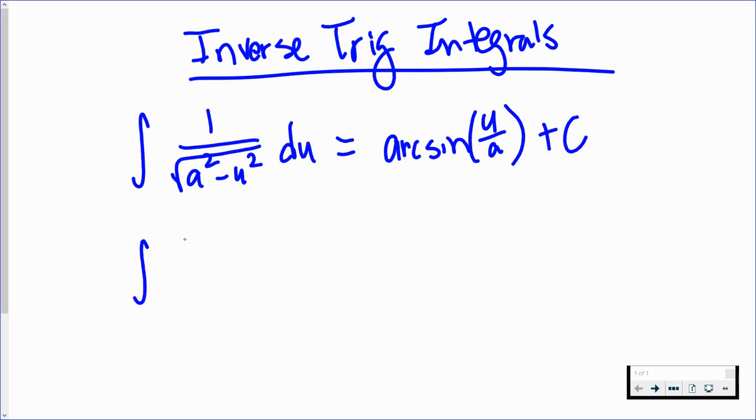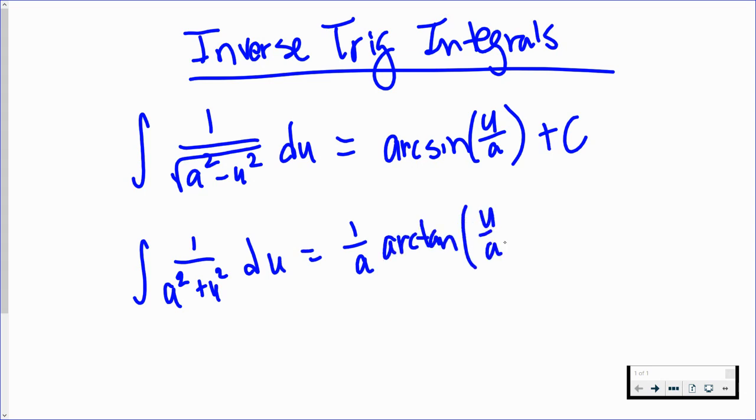Let's say we have the integral of 1 over a squared plus u squared du. That gives us 1 over a times arctangent of u over a plus c.